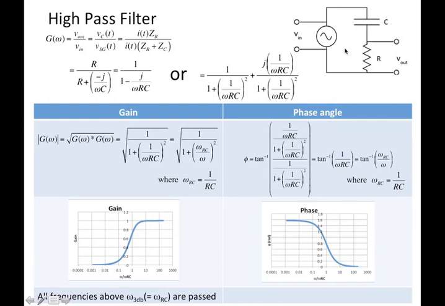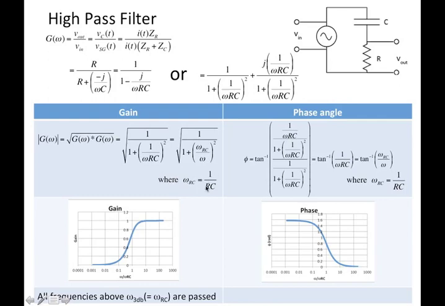The signals, when the frequency is high, make it through our filter. So again, we go through, we find the gain, we make our substitutions, and we find this relationship. Or we can write it as a real and an imaginary part over here. So that's our gain. We can find the magnitude of the gain and make the same simplification, or definition, omega RC, right? The characteristic frequency of the circuit is equal to 1 over RC.